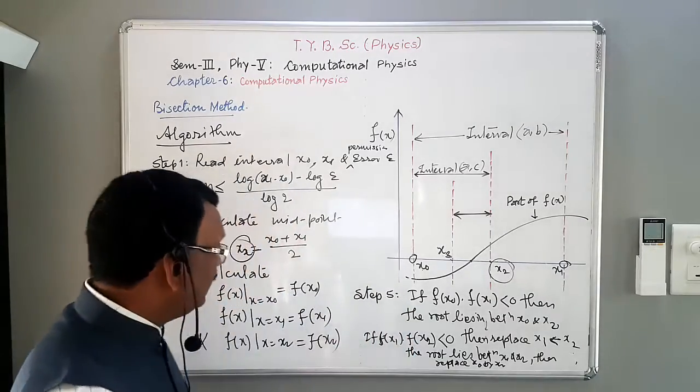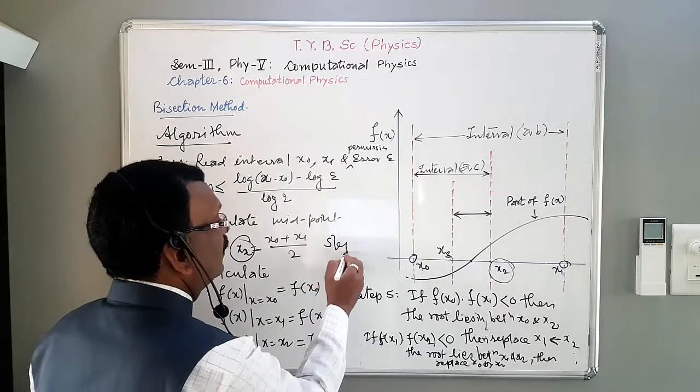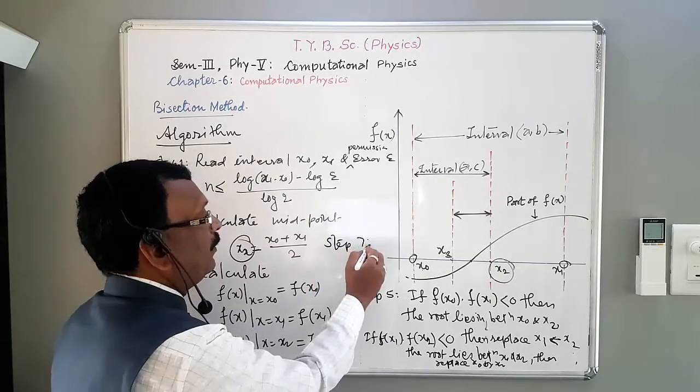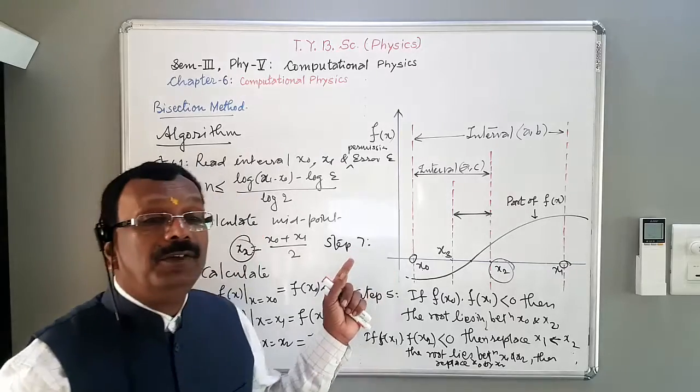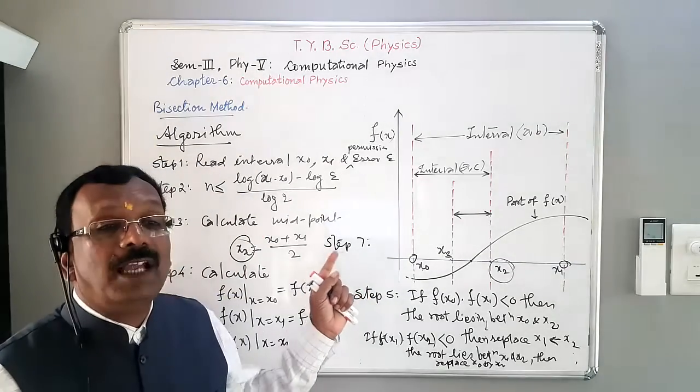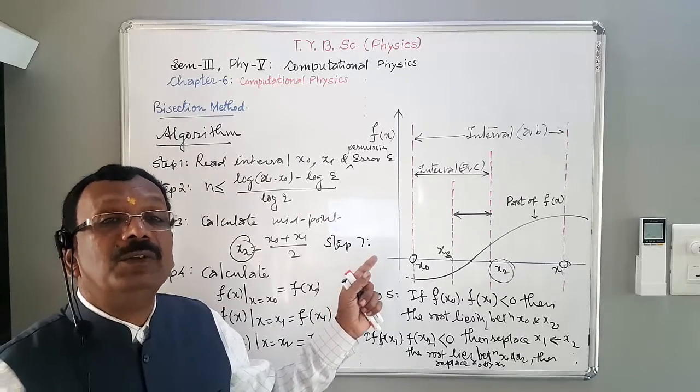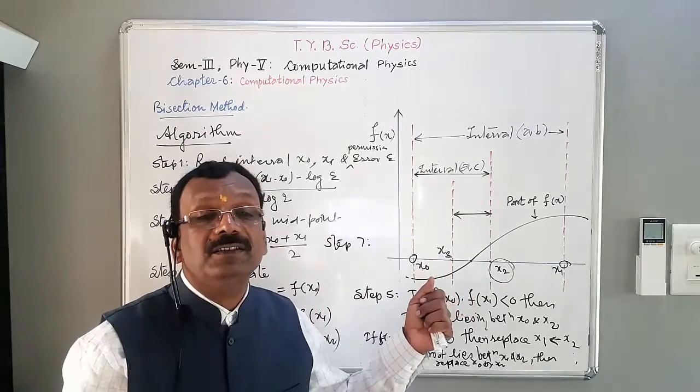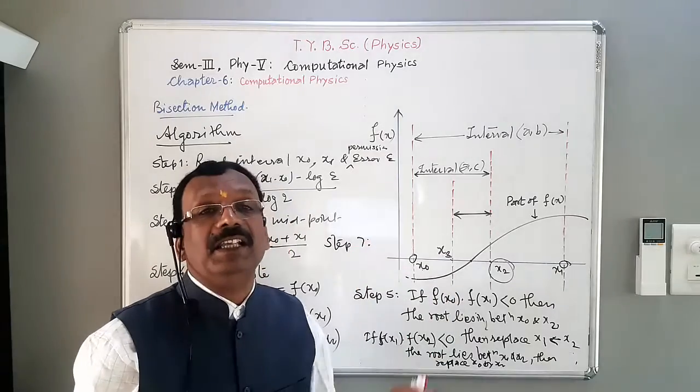And in step 7, what do we have to do? Simply, we have to calculate the approximate value, which is equal to the center point of the latest interval.